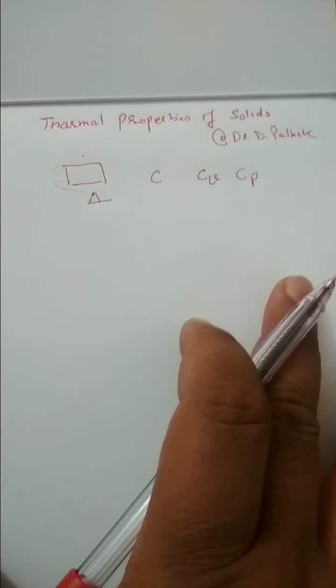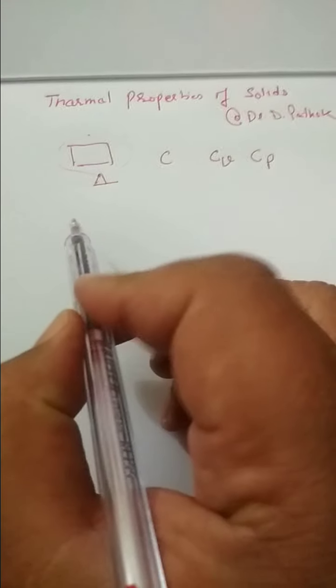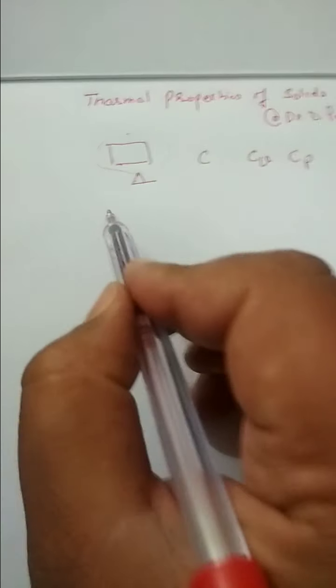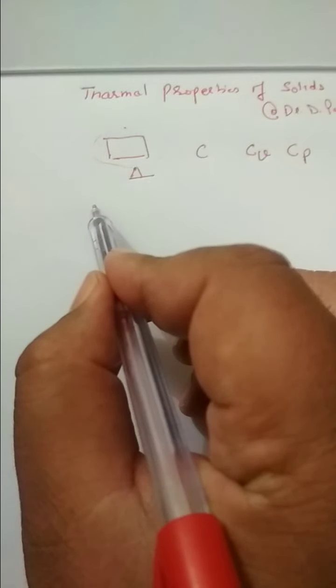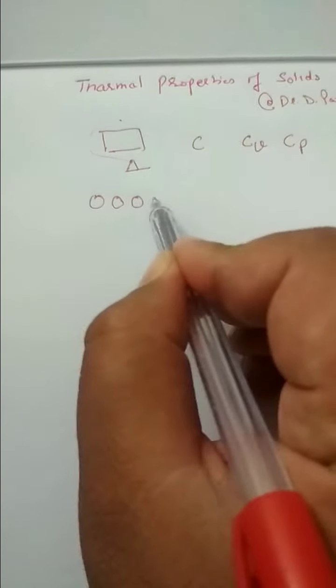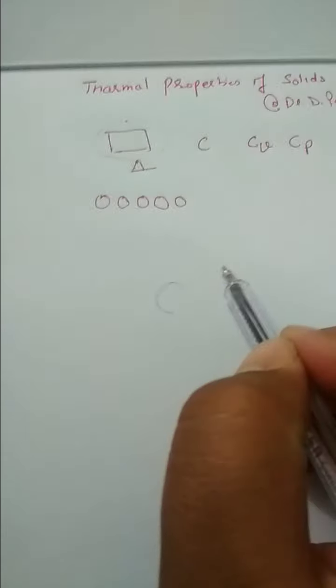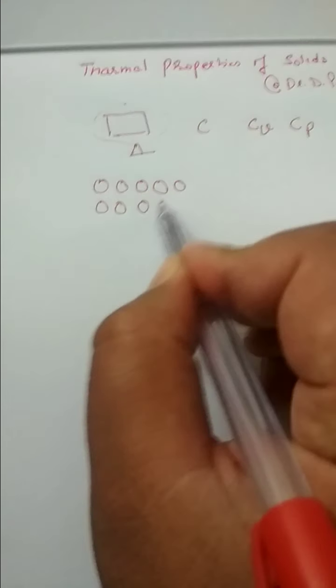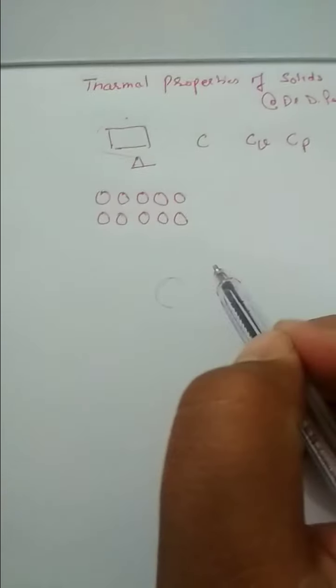Now, how does heat transfer inside the solid? We understand that solids are made up of molecules, which further are made up of atoms. So a solid is composed of atoms separated by some distance, and if they are arranged regularly, we name them crystalline solids.